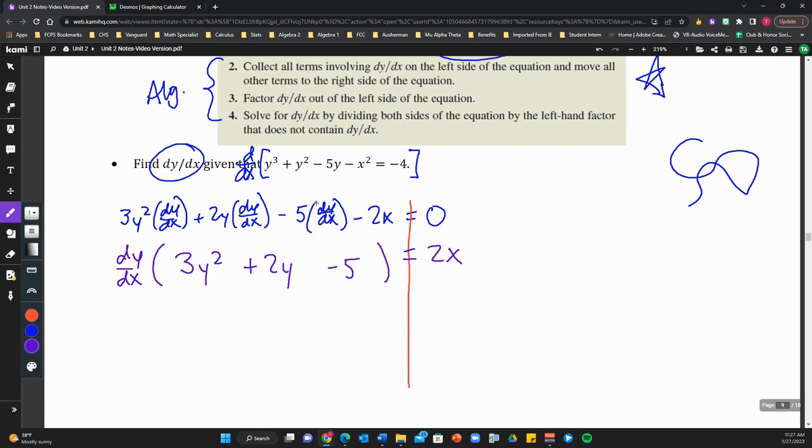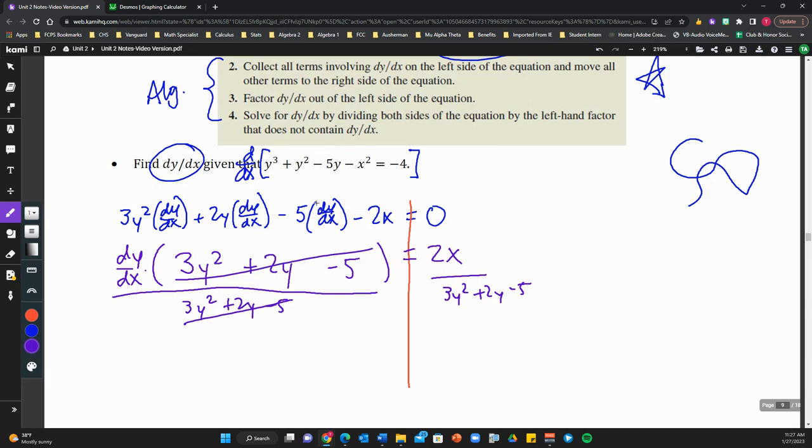By doing that, now I am free to get rid of this group that dy/dx is being multiplied by by doing the opposite. So we simply just have to divide both sides of the equation by whatever is inside of that group. In doing so, we cancel these two groups out. It leaves dy/dx by itself.